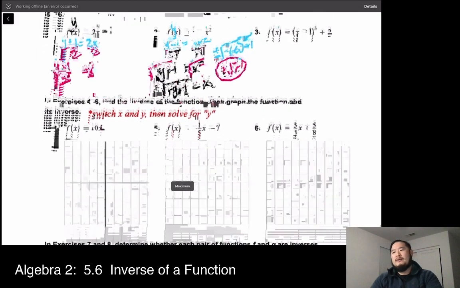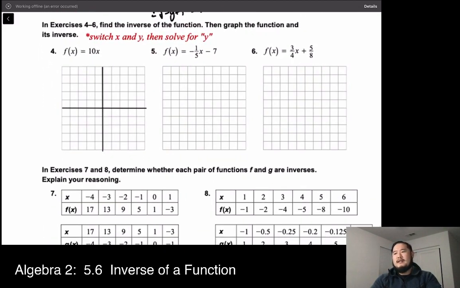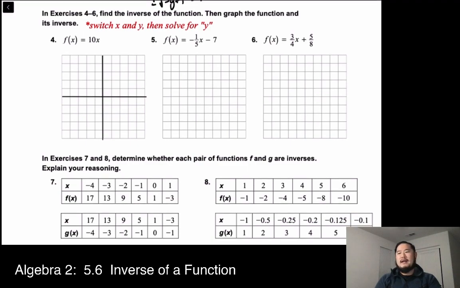We have now, it says find the inverse of the function, then graph the function and its inverse. How do I find the inverse of the function? I put right there in red: you're going to switch x and y and solve for y. Remember, our equation right here is f of x, which is the same thing as y, is equal to 10x.